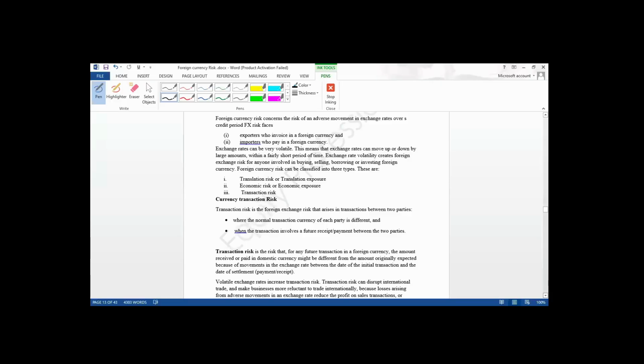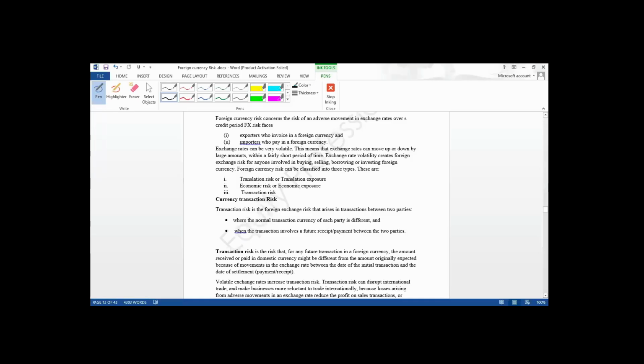Transaction risk is the foreign currency risk that arises in transactions between two parties because the normal transaction currency of each party is different. My currency is dollar, assuming I'm based in US.